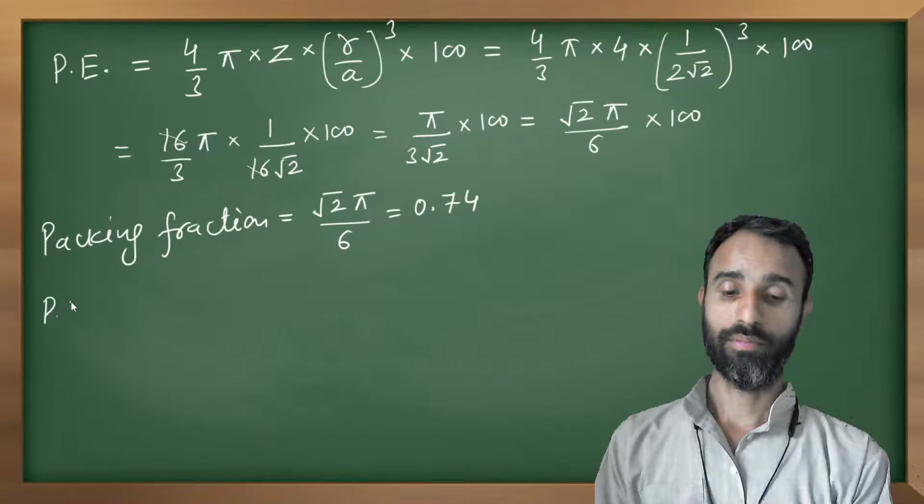So packing efficiency, that is 0.74 into 100, and it is 74%. It is 74%.